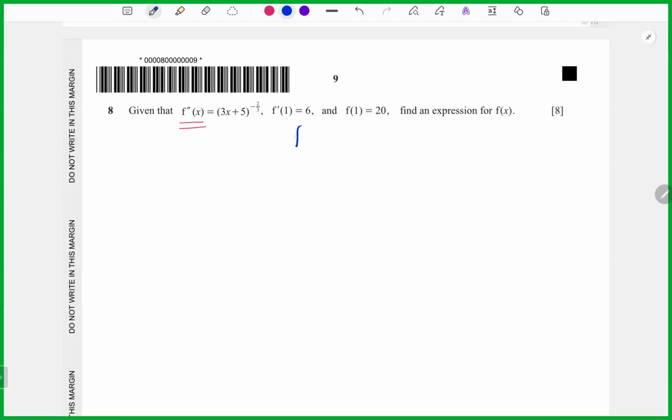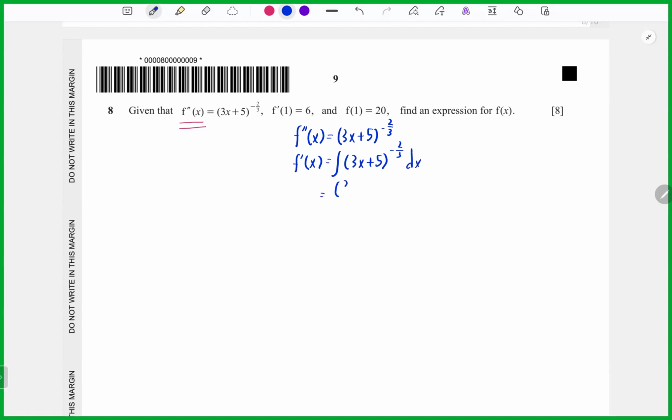So f''(x) equals (3x + 5)^(-2/3). The first derivative equals the integral of (3x + 5)^(-2/3) dx.